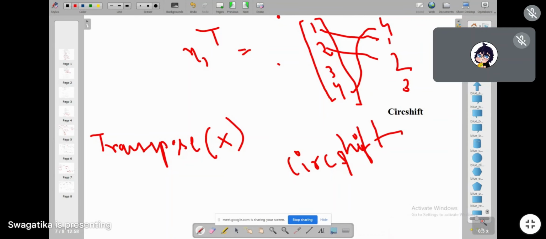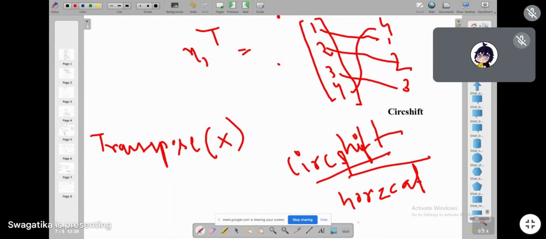You can use this command, circshift. Then another command is there to arrange this horizontally, you can say horzcat. There is another command horzcat. With that you arrange it side by side, horizontally cascaded.